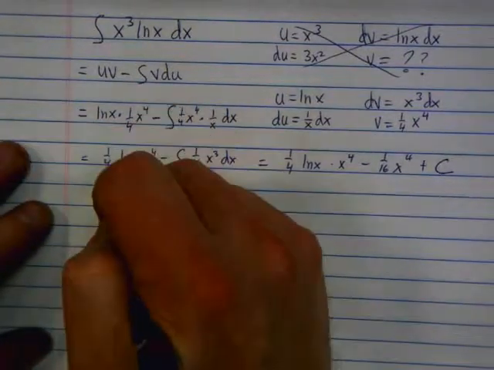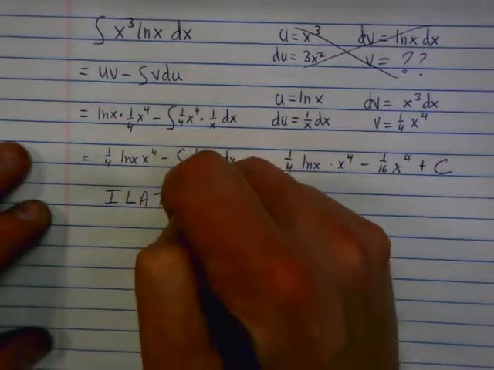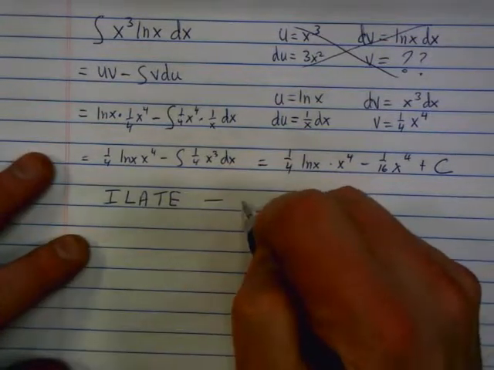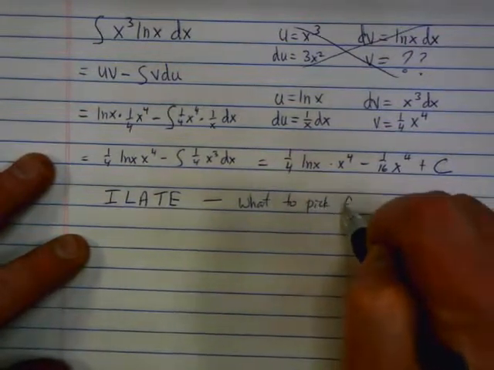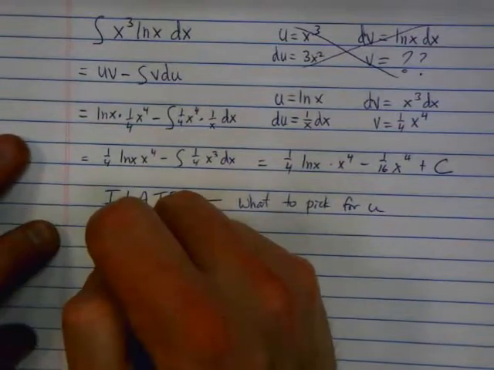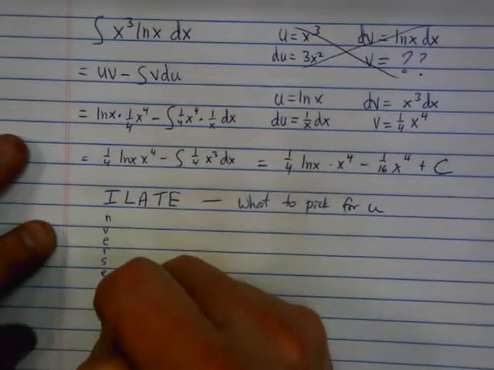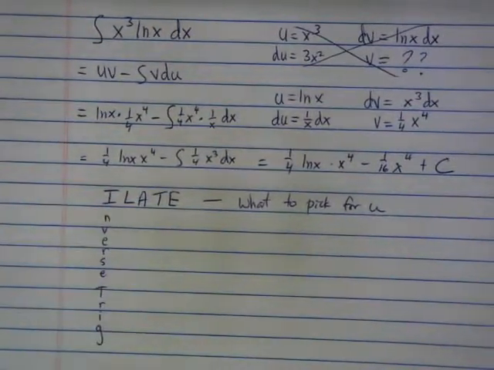And the little acronym that you're going to remember is ILATE. And what this tells you is what to pick for u. So in this, I stands for inverse trig.